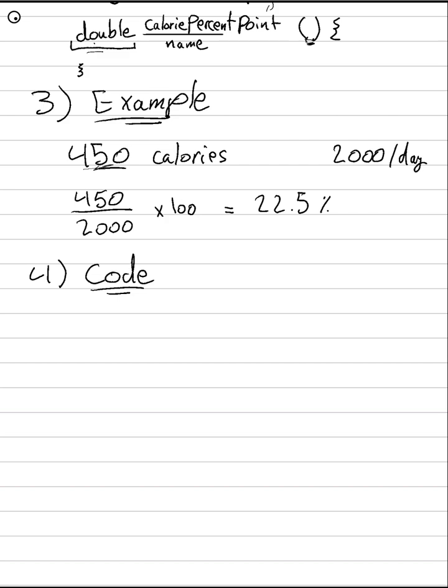So the code will start with step 1, your purpose statement. And then step 2, the signature, is actually our first line of code. So we can just copy that and say double calorie percent point.